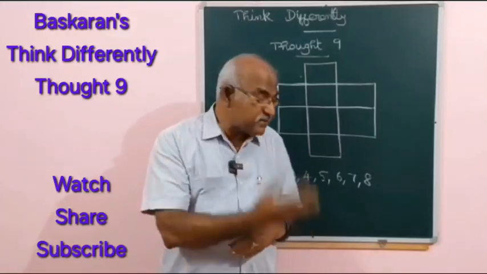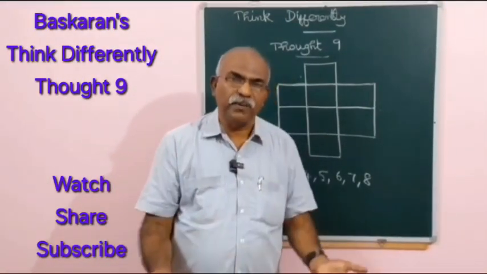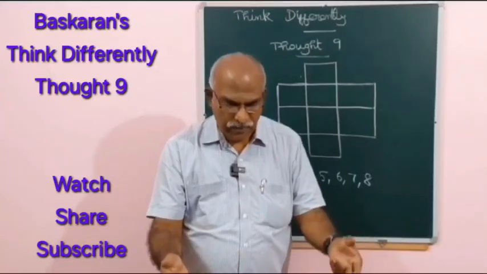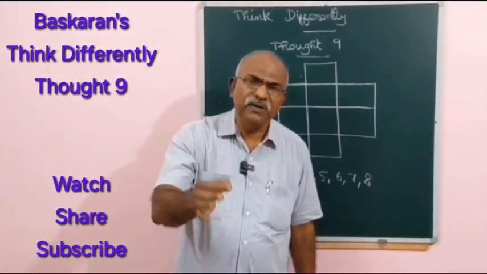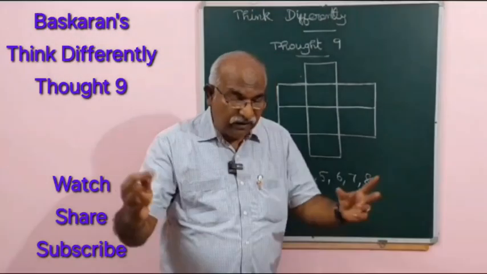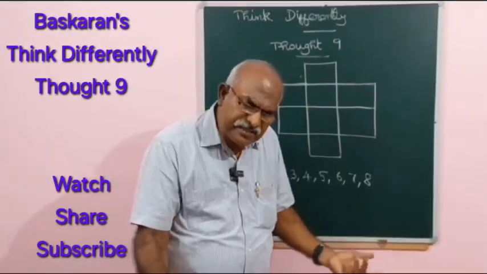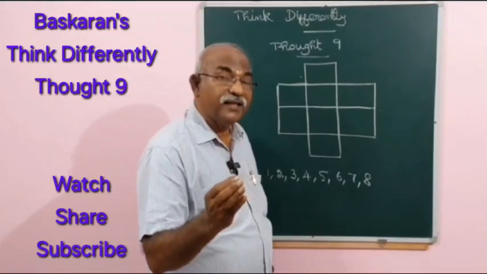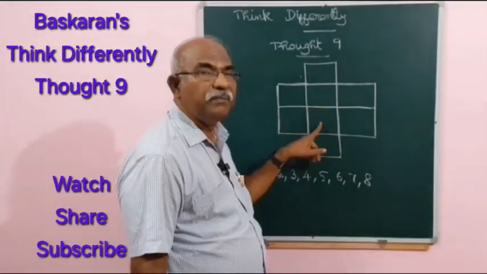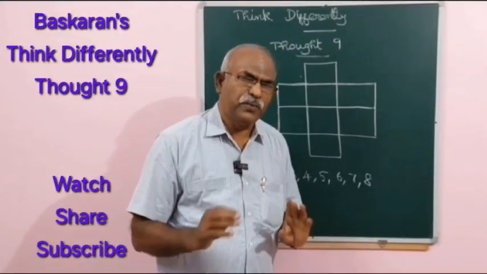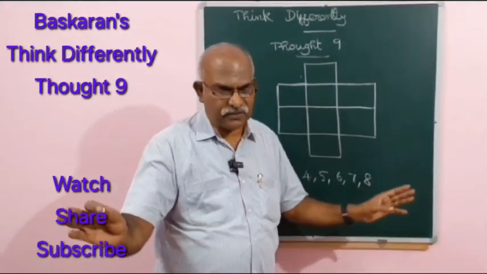Therefore, the rest of the numbers from 2 to 7 are equally problematic. They are more problematic. Now, what to do? Simple common sense. Fill the most problematic squares with the less problematic numbers. That way, 1 and 8 should come in the middle. If you put 1 and 8 somewhere else, definitely you cannot solve this puzzle.